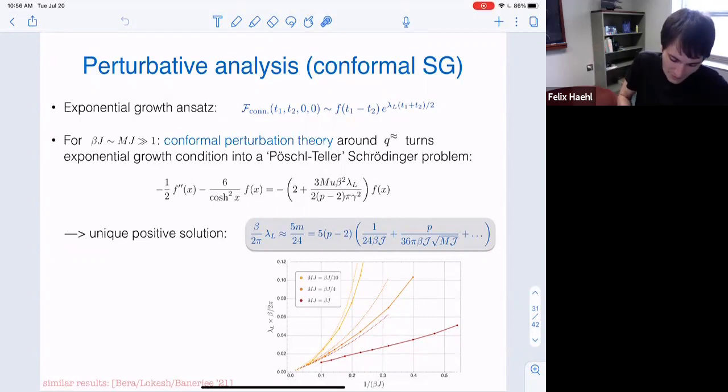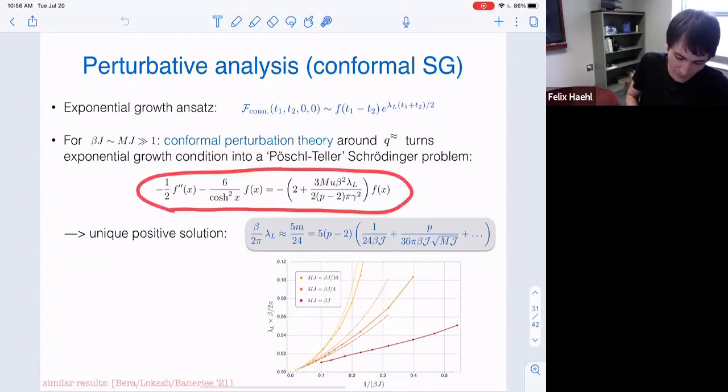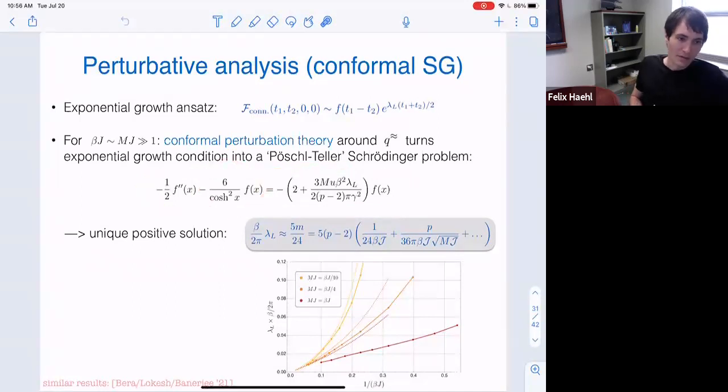What you find is that this eigenvalue equation reduces to a Schrödinger problem, a second order differential equation with a particular potential. This is a well-known Schrödinger problem whose spectrum of solutions is known.